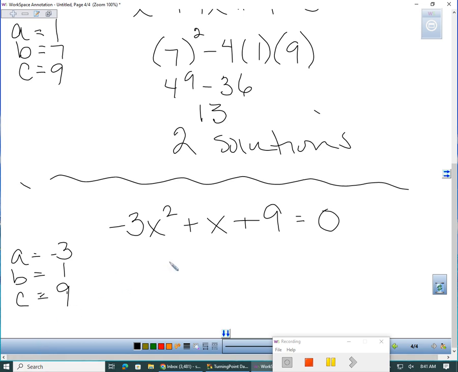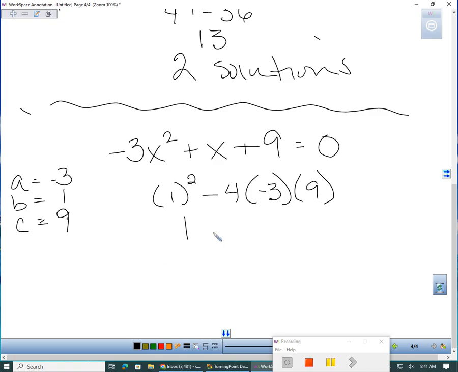So I have b squared minus 4 times a times c. So this is 1. Negative 4 times negative 3 times 9 is plus 108. I think I did that right in my head. Which is 109. Is this positive, equal to 0, or negative? There are 2 solutions.